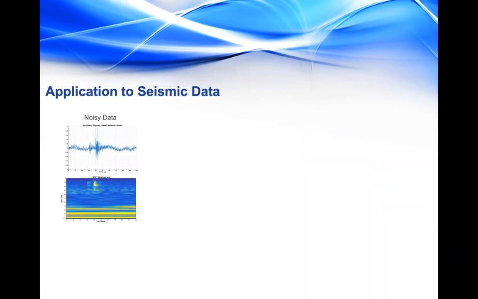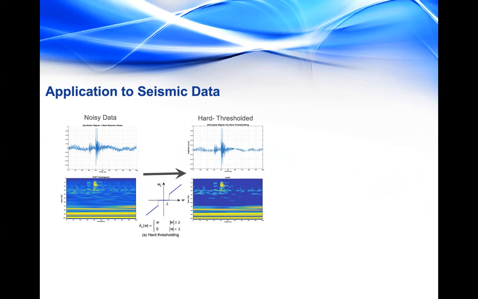However, if we apply these traditional denoising approaches from electrical engineering to a noisy seismic signal, usually they won't be very effective. This has two main reasons. One is the limitation of these simple thresholding functions, and the second is the nature of the usually non-Gaussian seismic noise that violates some of the assumptions used in the noise level estimation.